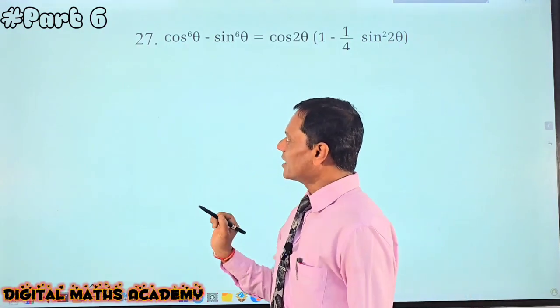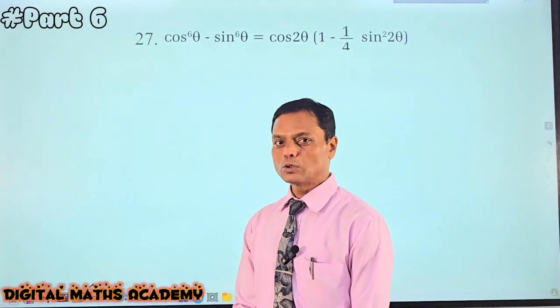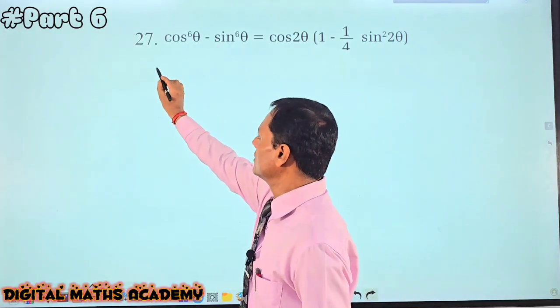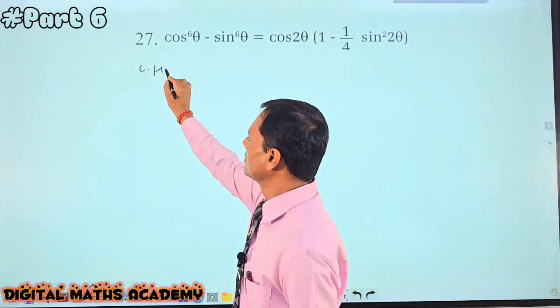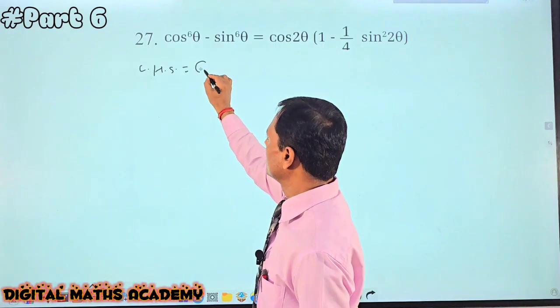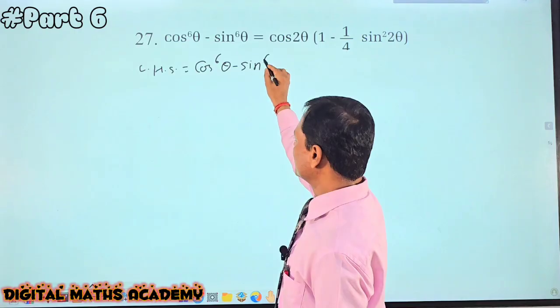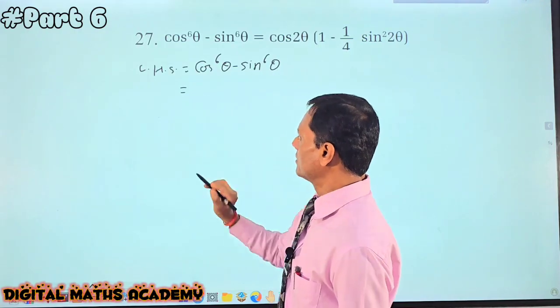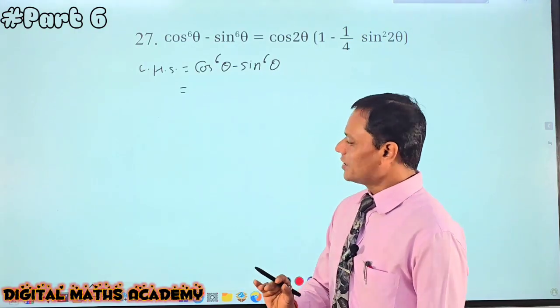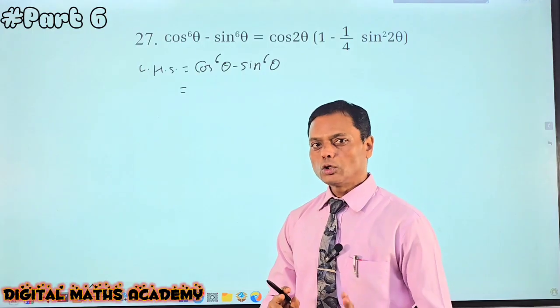So, to solve this identity, it will be better for us to choose the left hand side. Here, on the left hand side, we have cos to the power 6 theta minus sin to the power 6 theta. Actually, from here we can go ahead in two ways.